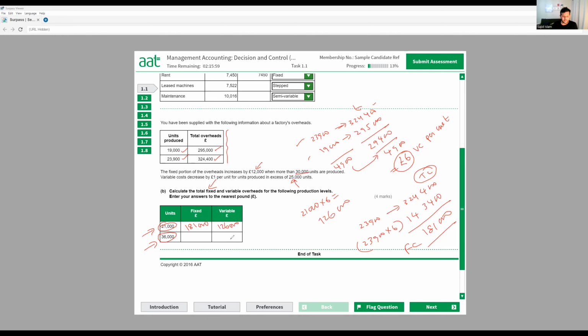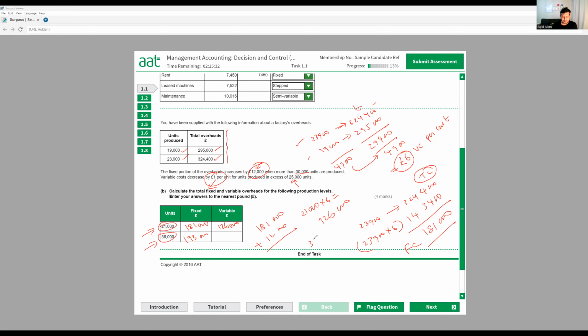All right, for the 36,000 units, fixed cost will be increased by 12. So 181 plus 12 will give us 193,000. And the variable cost will be decreased by 1 per unit. So normally I have 6, now it will be 5.